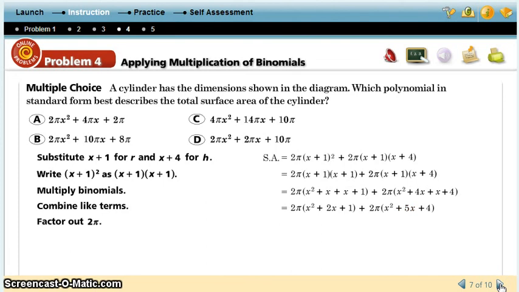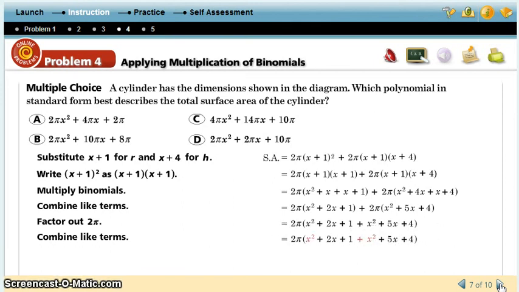Now factor out 2 times pi. Again, combine like terms. Finally, distribute 2 times pi in order to write the polynomial in standard form.